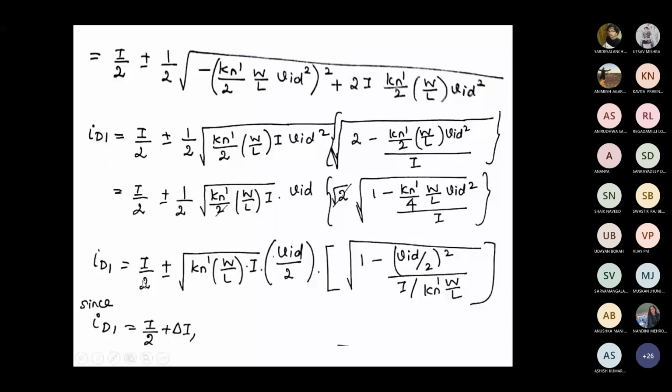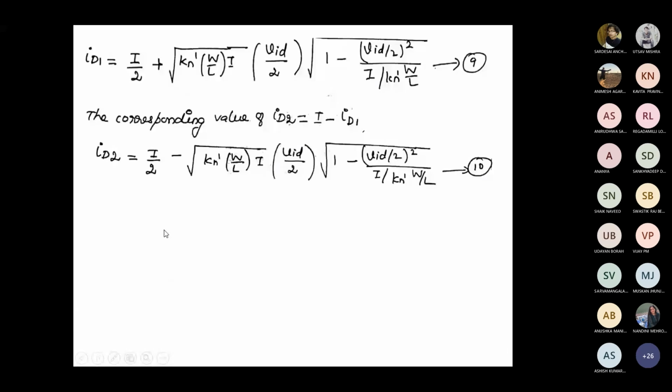So we have two roots here, I by 2 plus the term and I by 2 minus the term. Finally, we got this relation, the 9th and 10th equations.